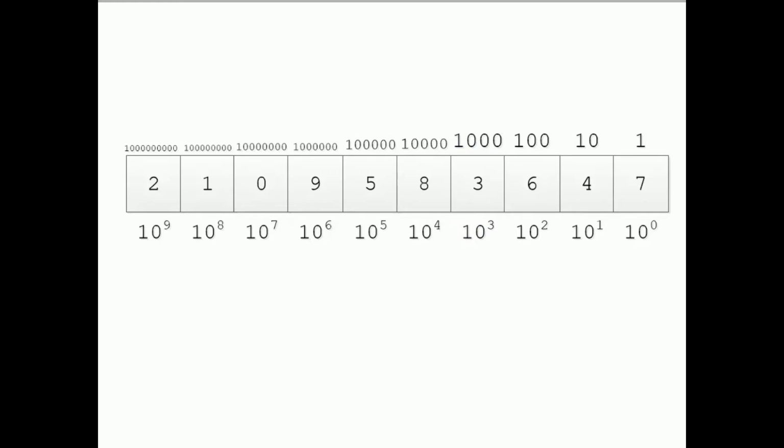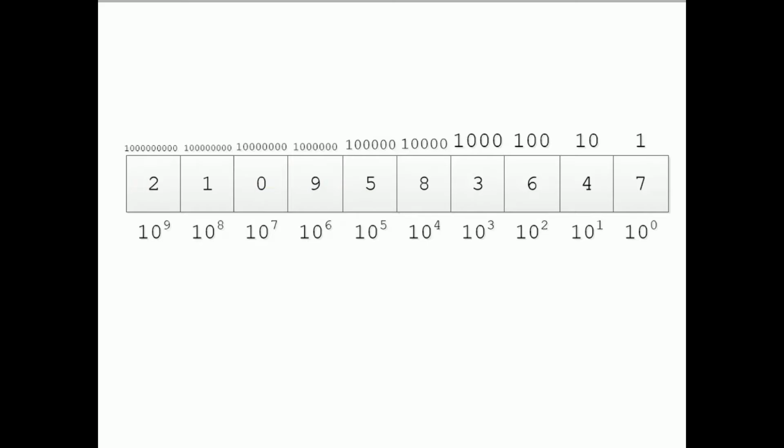For each position in the place value number system, we simply raise 10 to the next power, or you can also think of that as multiplying the last power by 10. So if we take a number in base 10, such as 2,109,583,647, that is 7 ones, 4 tens, 6 hundreds, 3 thousands, 8 10,000s, and on up to 2 billions.